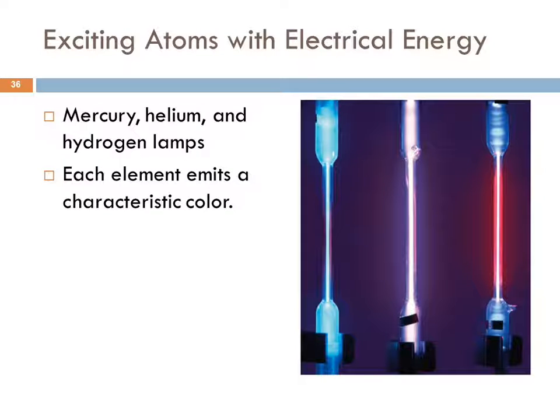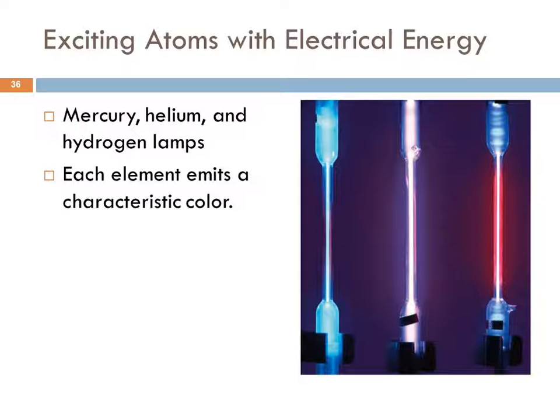So here we have an example of gases emitting light. Here we've got a mercury lamp, a helium lamp, and a hydrogen lamp. Inside of these glass tubes is mercury, helium, and hydrogen gas. And there's a voltage being applied across the end, so energy is being given to those gas atoms or molecules, and in response to that input of energy, they give off light.